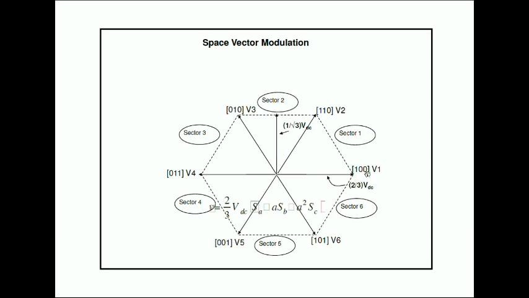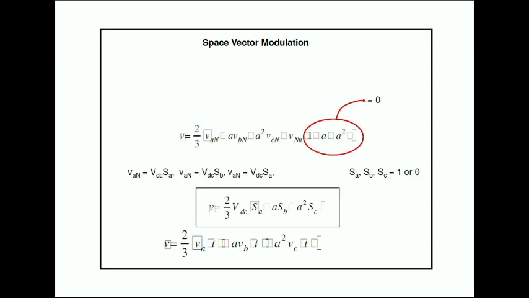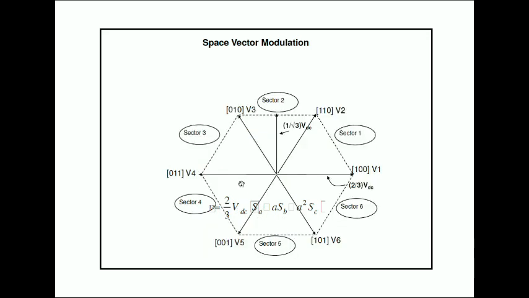Like that, 110 means SA and SB are 1 and SC is equal to 0. It is 2 by 3 VDC into 1 plus A. 1 plus A means the addition of this vector and this vector.